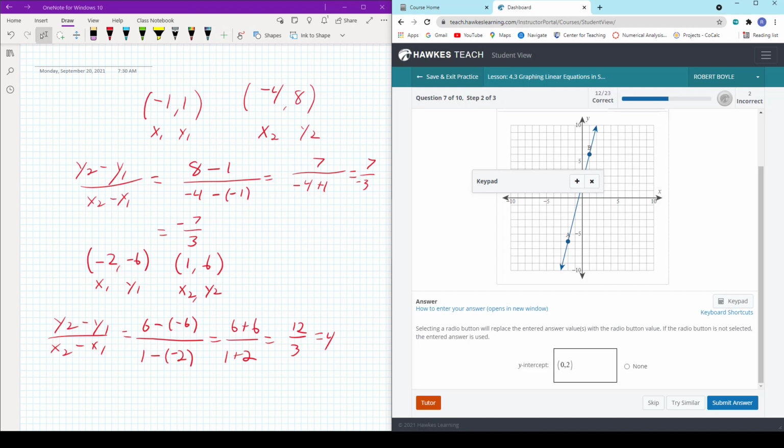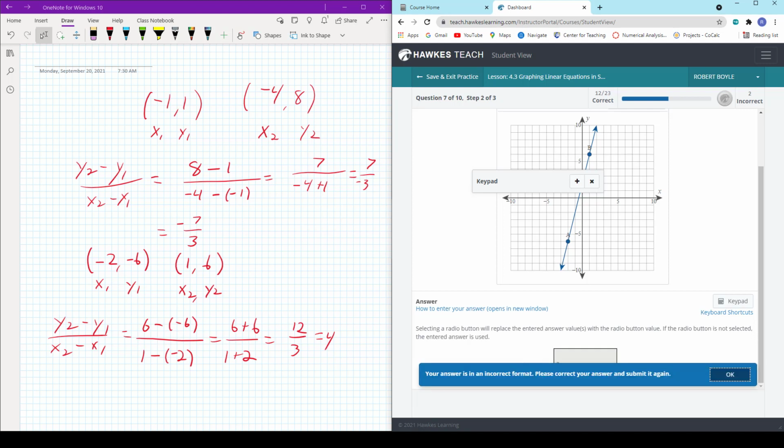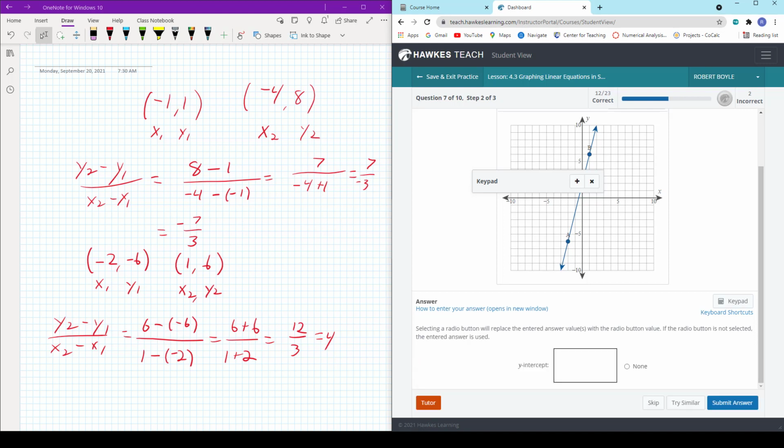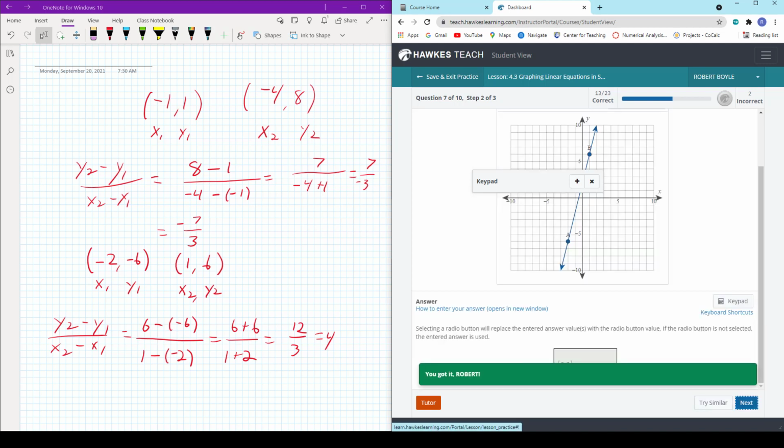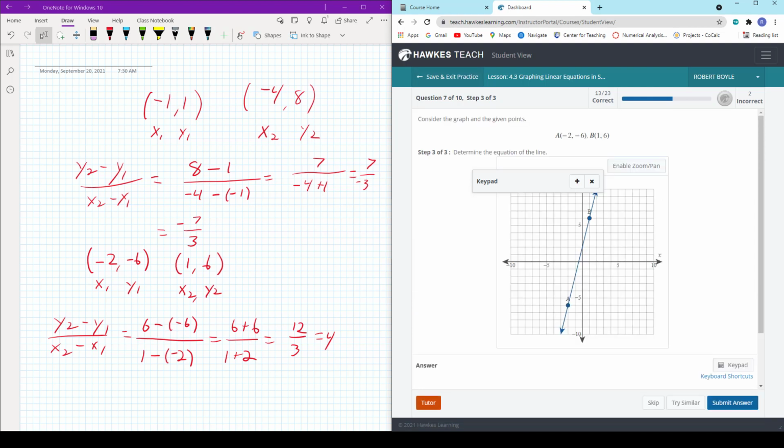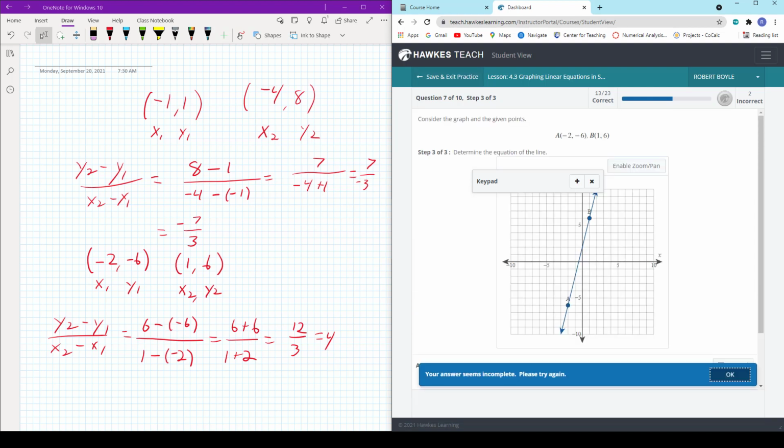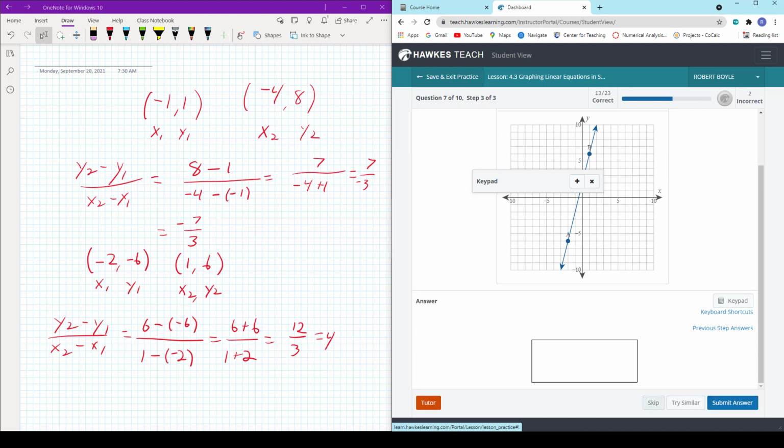If you don't do that, if you just put in 2, it's not going to like it. So 0, 2. Submit your answer, and there you go. Way to go, me. And I believe all the other problems are pretty much the same.